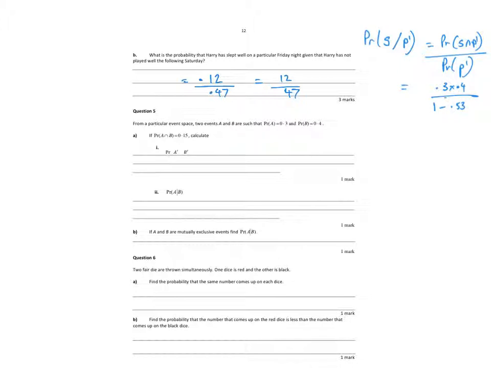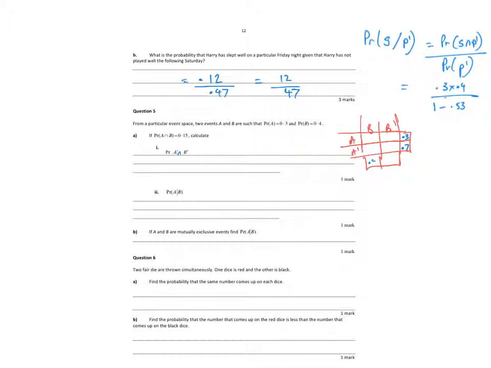Question 5. Two events A and B are such that A is equal to that and B is equal to that. A intersection B is equal to that. Right, bit hard to tell. Let's call that A intersection B. As soon as I see dashes, A dash, B dash, and we know that the probability of A is 0.3, which means A dash is 0.7.